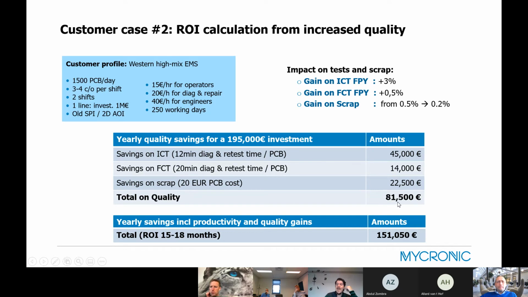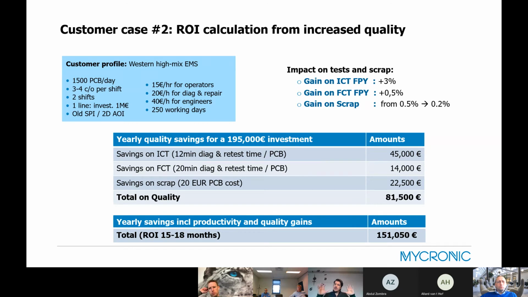And if you now add what we had before for productivity, we end up with a total per year of 151,000 euros. If you remember the investment costs, this means you have your return on investment in 15 to 18 months in this example.